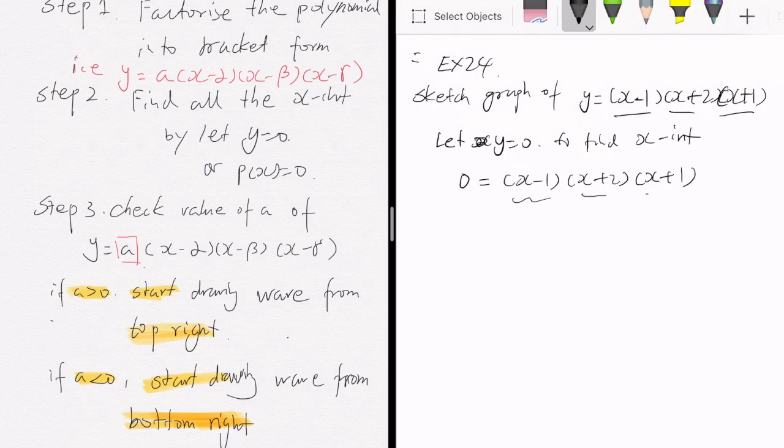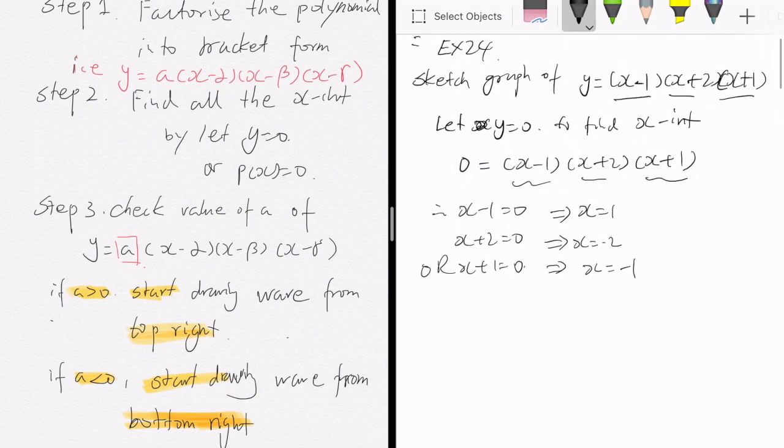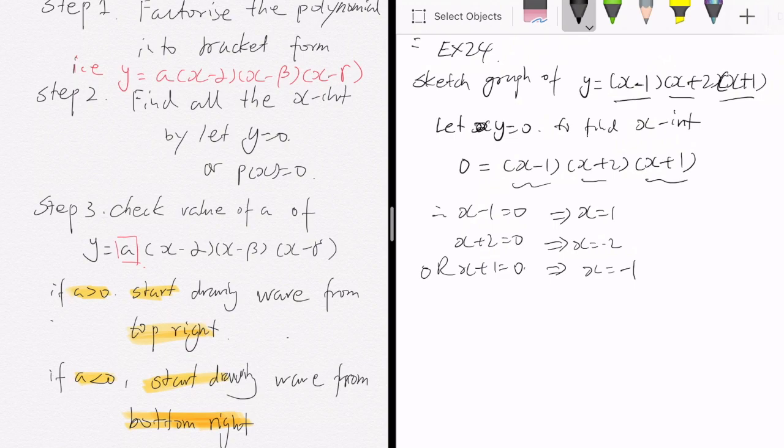By the law of factors, the three brackets multiplied together equal 0, so x minus 1 could be equal to 0, x plus 2 could be equal to 0, or x plus 1 equal to 0. Solving it out, x is equal to 1, x is equal to negative 2, x is equal to negative 1. So these three are my x-intercepts.